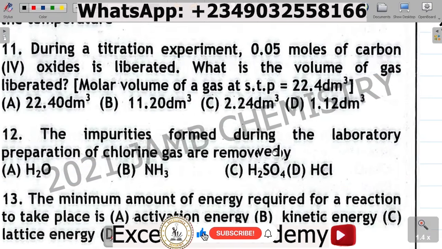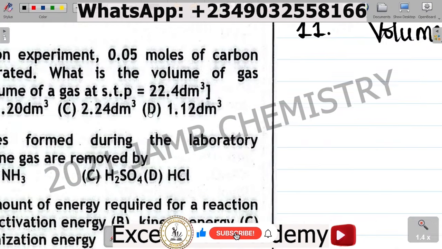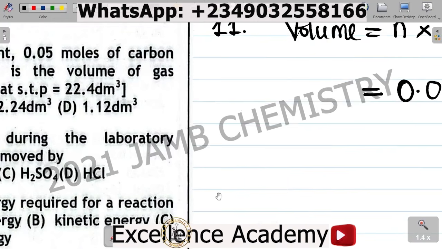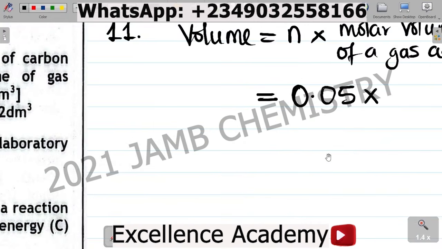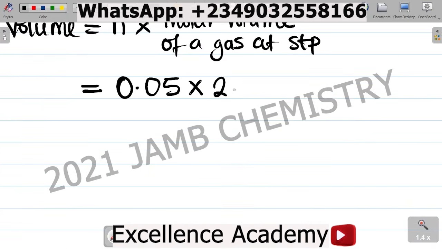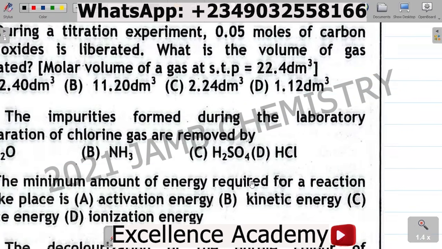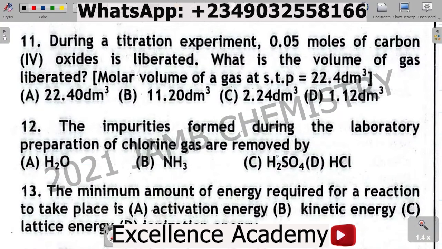If I come to the question here, you can see that they give us 0.05. That's the number of moles. So N is 0.05 multiplied by the molar volume of a gas at STP, 22.4. Multiply 0.05 times 22.4. The answer here is 1.12. The volume is in dm cube. So I have my answer as 1.12 dm cube. The correct answer here is option D.